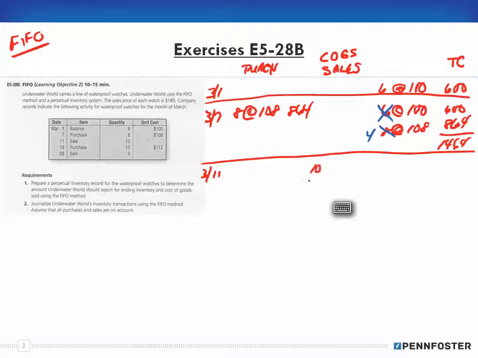So when I take out 4 more, I end up with 4 at 108, which is $432 as my total cost for the inventory.